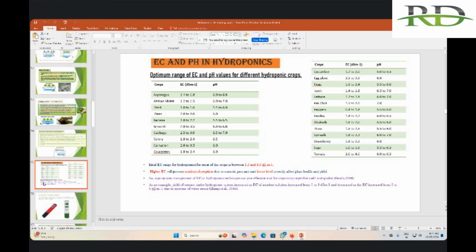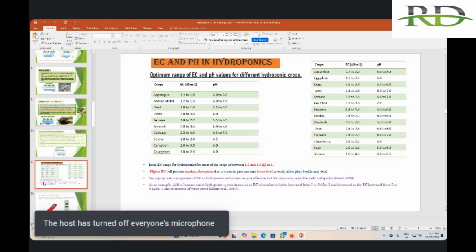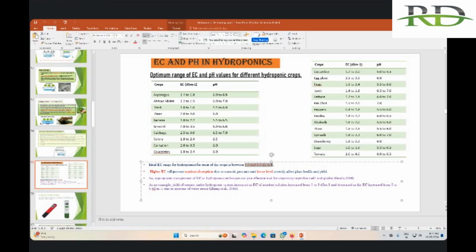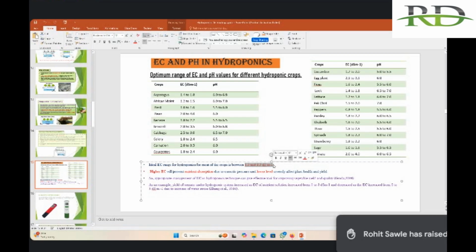Whatever water we are giving to the plant, or whatever fertigation we are giving to the plant, we have to check the water quality. We have to see the EC and the pH. Ideally, the EC should be in the range of 1.5 to 2.5 decisiemens per meter. What happens when there is a higher EC?